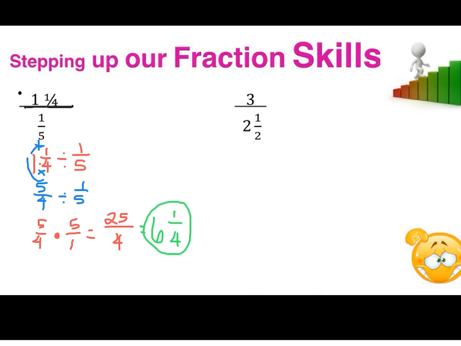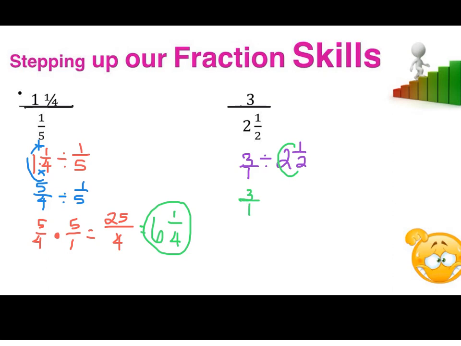Go ahead now and solve this second division problem with a complex fraction. So in this problem we have 3 divided by 2 1/2. So first thing we should have is our problem written horizontally, 3, and I'm going to put 3/1 because I know I'm going to need it as a fraction, divided by 2 1/2. First convert 2 1/2.